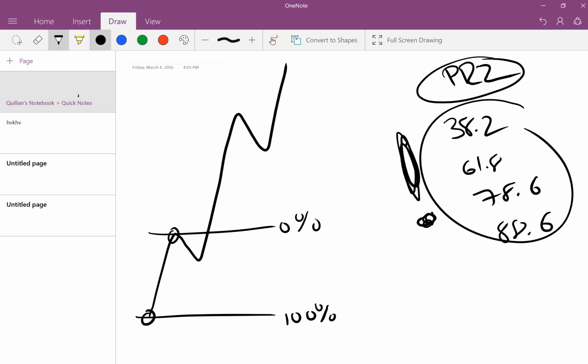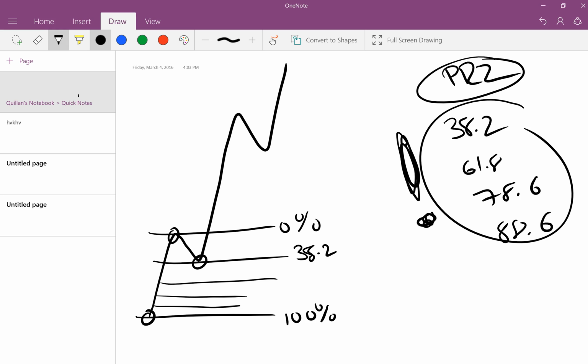Let's say the market comes back down here. This is a 38.2 retracement level, which is the most aggressive retracement you come across. Then there's 61.8, 78.6, and 88.6. If it bounces off of 38.2, you would get in on this counter trend right here at the 38.2 mark.